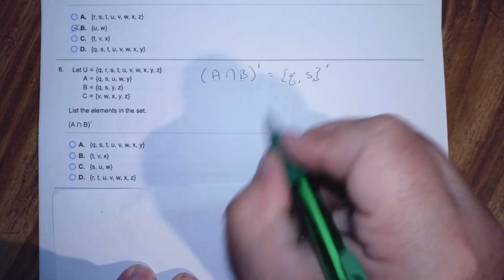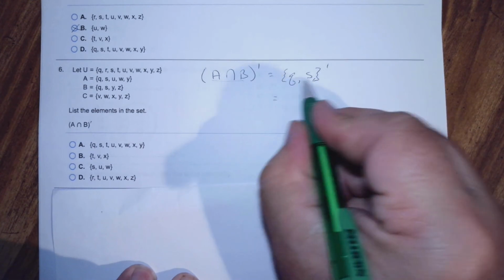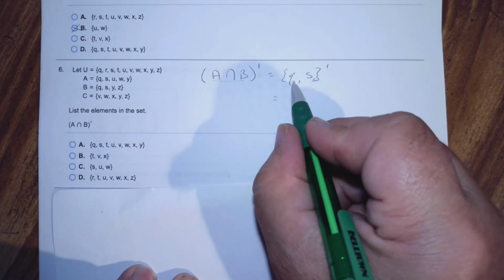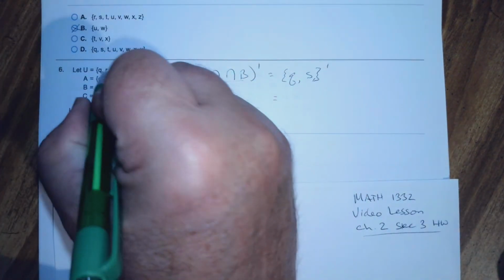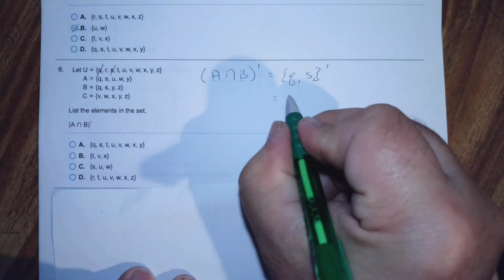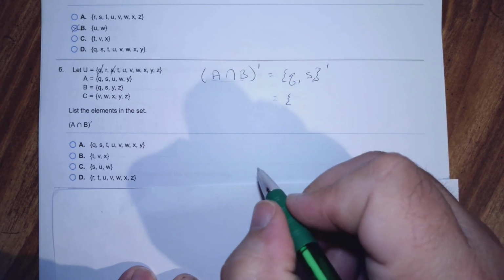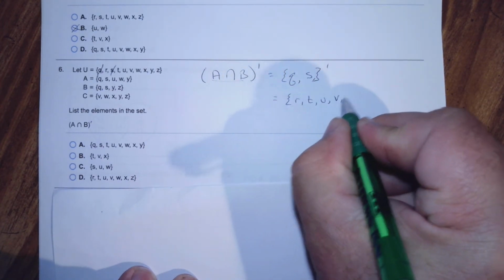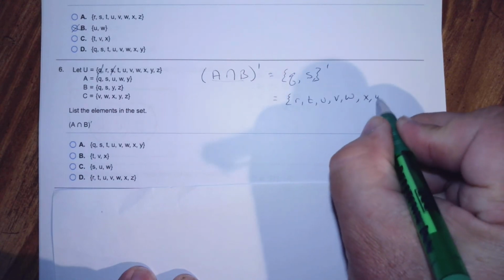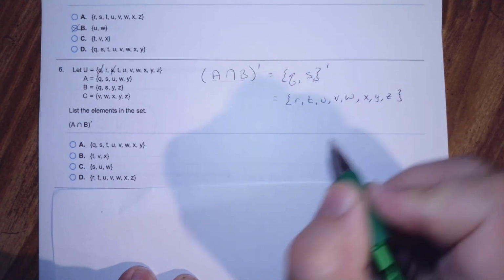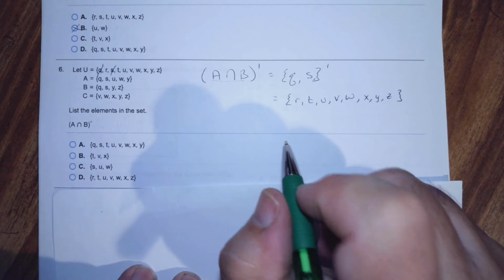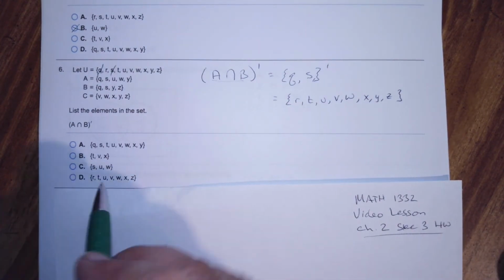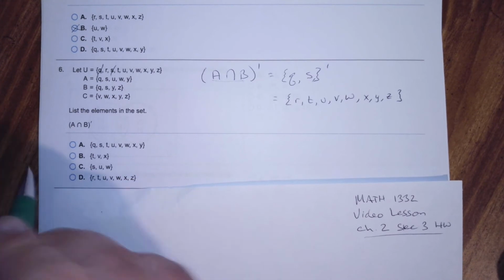Now the complement of it. So we go to the universe and take away Q and S. We're left with R, T, U, V, W, X, Y, and Z. So it's D.